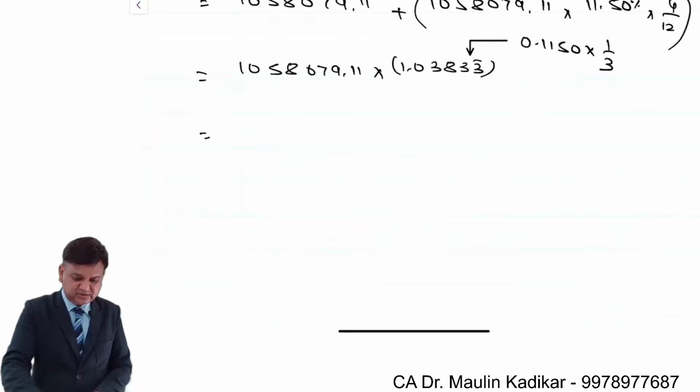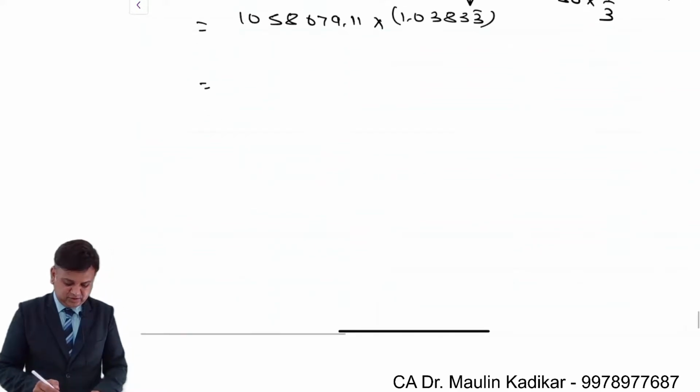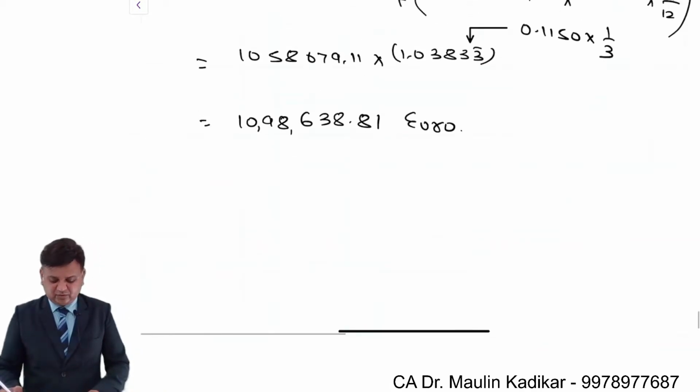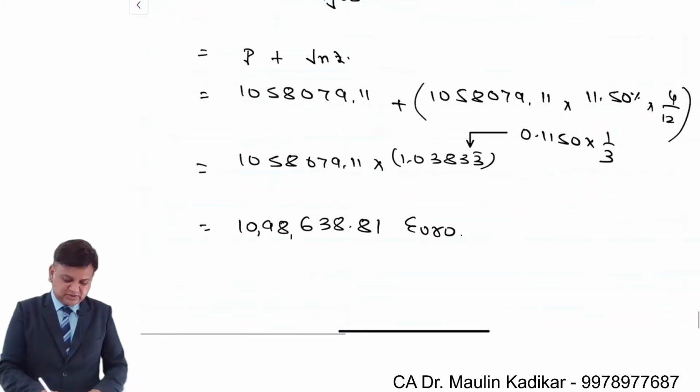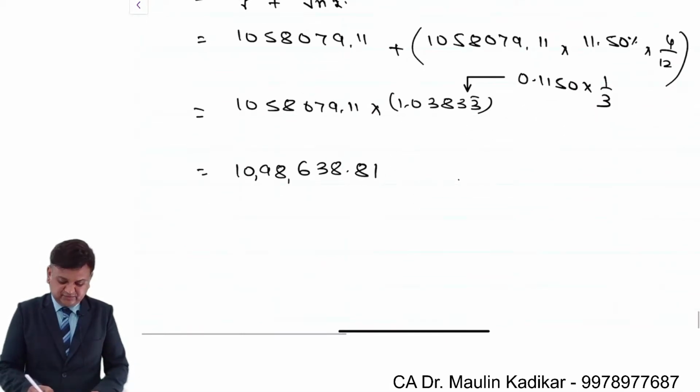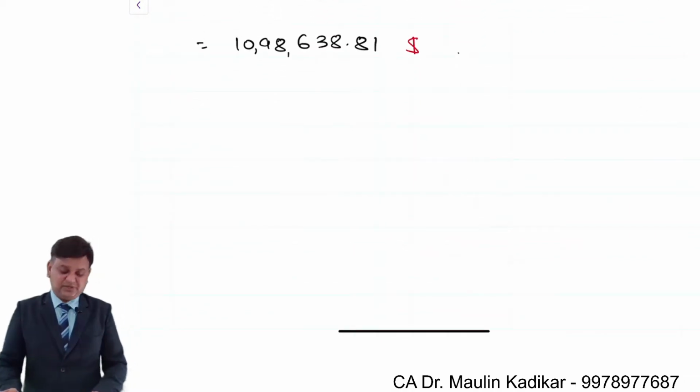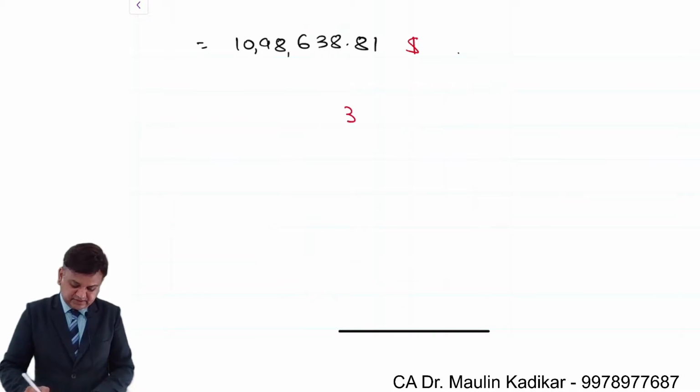So 1058,079.11 gives 10,98,638.81. This is the amount of dollar that we are going to receive at the end of 4 months if at all we enter into money market hedge. Now we are required to make a comparison for 3 months and for 4 months.